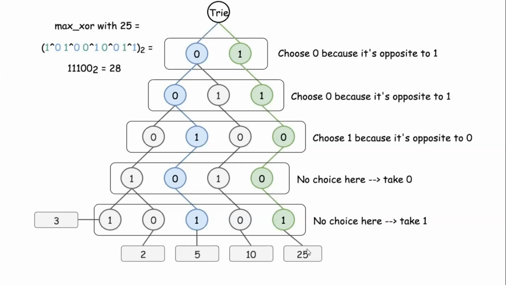What he was saying is, at level 2, what if I have children 0, 1 and 0, 1 both at level 3, for let's say a number for which we don't have one?